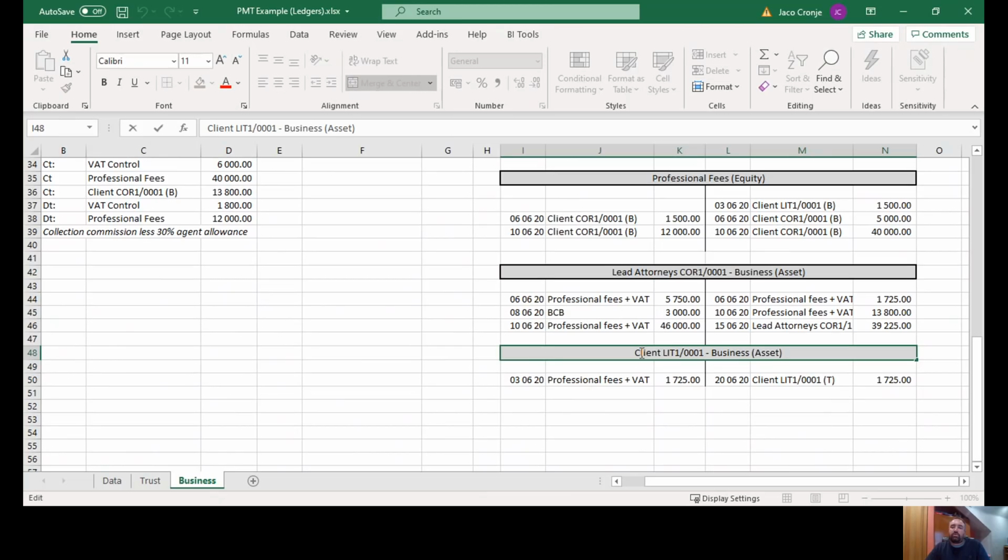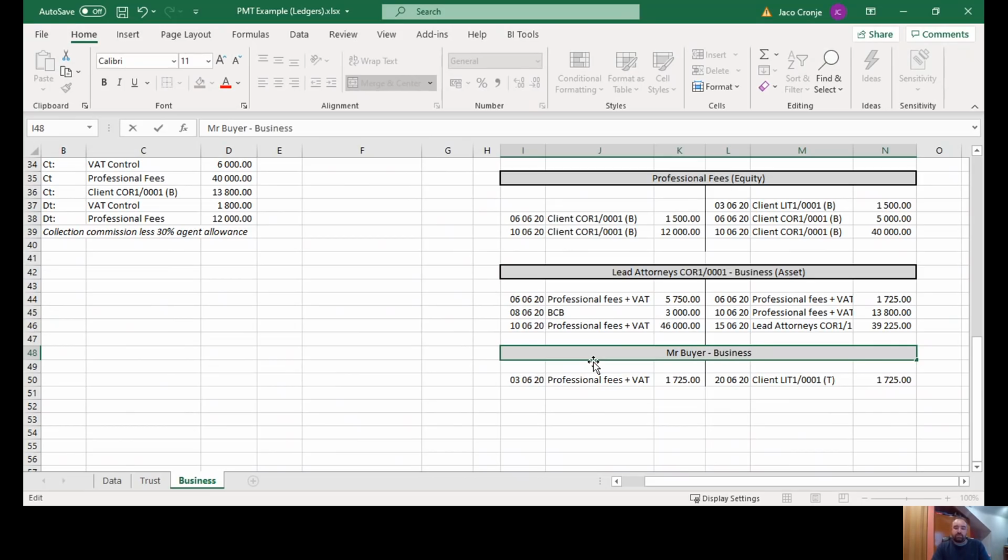So we are going to call this Mr. Buyer business, because he's liable for our fees, and that is an asset. I'm just keeping my formatting the same.